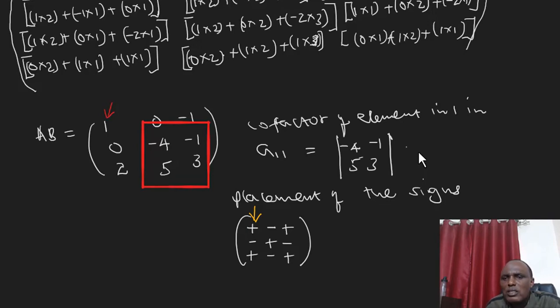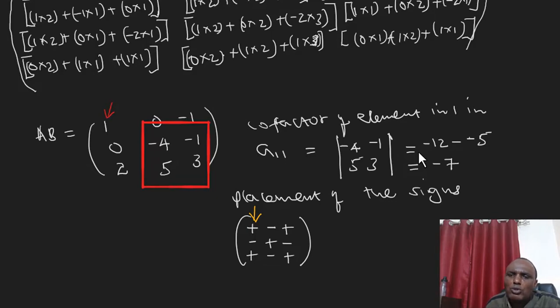For example, the determinant here is negative 12 minus 5, because it is the product in the leading diagonal minus the product in the other diagonal. So it is negative 12 minus 5, and it becomes negative 7.